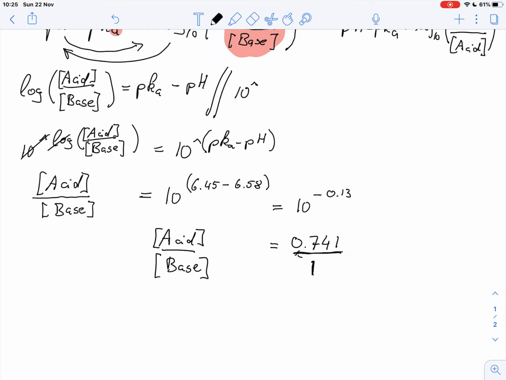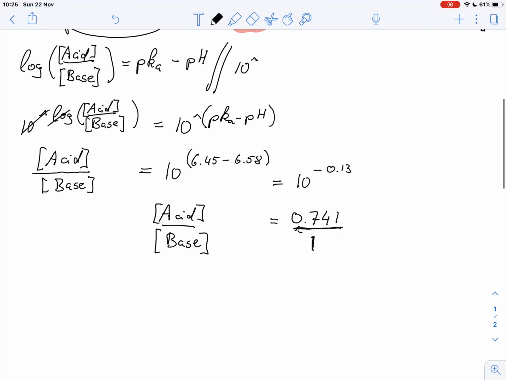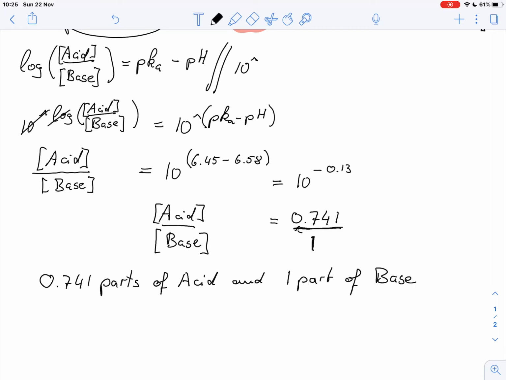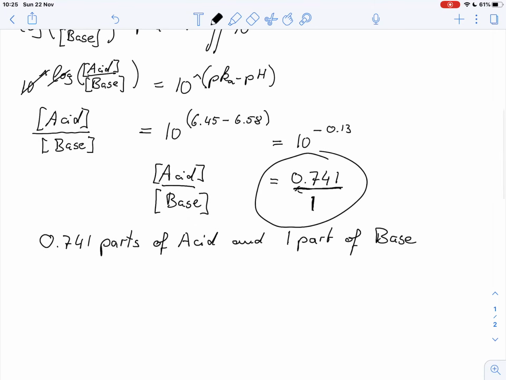This means we need 0.741 parts of acid and 1 part of base. This is basically what this expression tells us. And we just simply divide by 1, because divided by 1 is always the same thing.